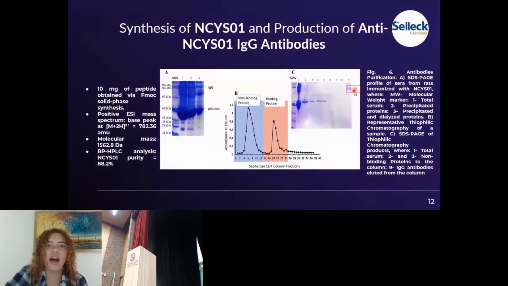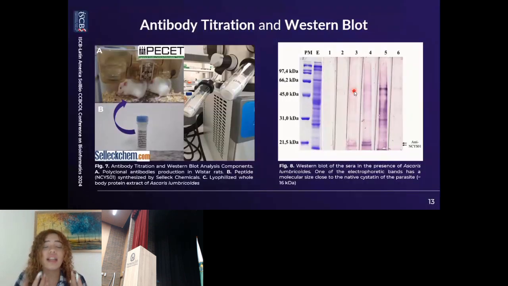When it came to the antibody titration, the results are shown here in figure 7. We managed to see that three of the rats that were immunized with the peptide produced sera with good titers against a total protein extract of the nematode Ascaris lumbricoides, even at the lowest dilution tested.